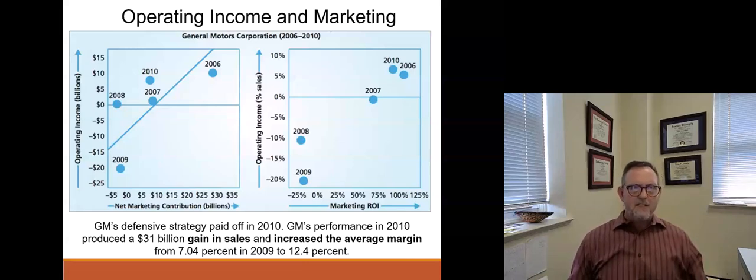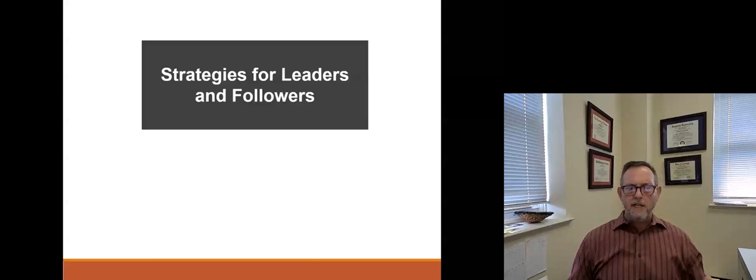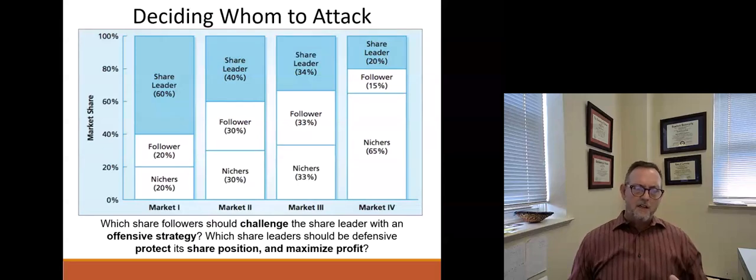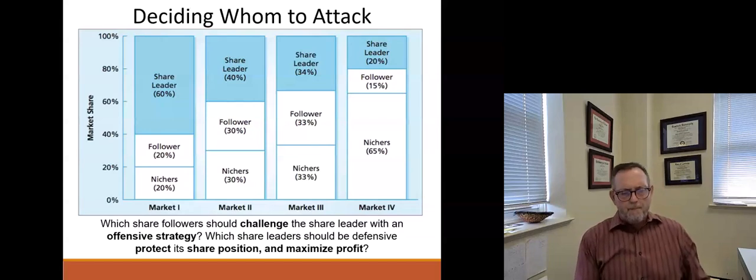Now, applying this is a little bit different, and we're looking at specific strategies for both followers and leaders. Some of these are duplicates. These are things that you're going to see over and over again if you look at this type of literature.